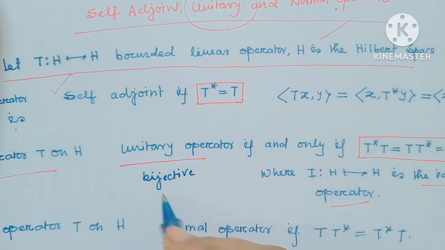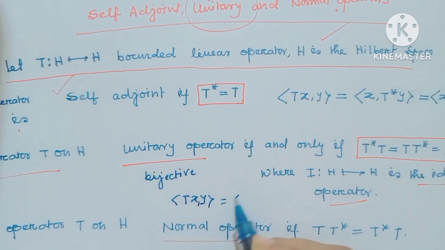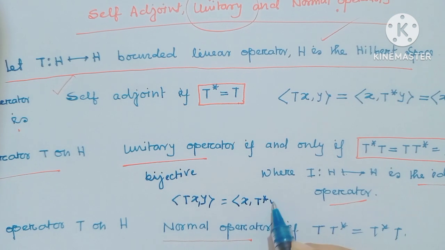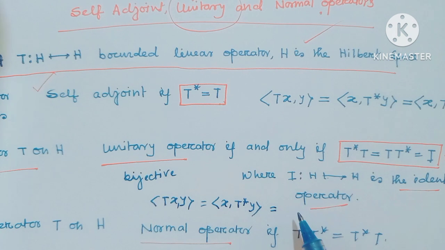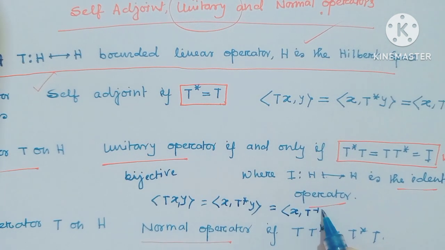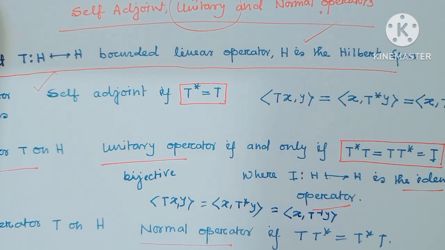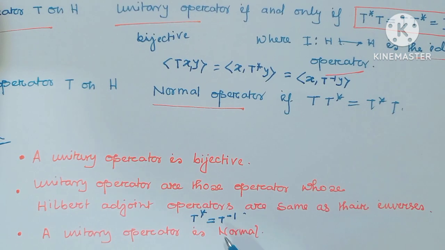So, for a unitary operator, inner product (Tx, y) equals (x, T star y), and obviously T star y means T inverse y, so (x, T inverse y). Okay, this is for a unitary operator. That means in a unitary operator, the adjoint is always the same as the inverse.